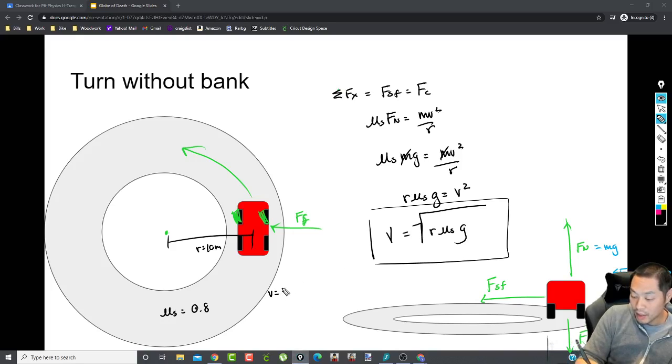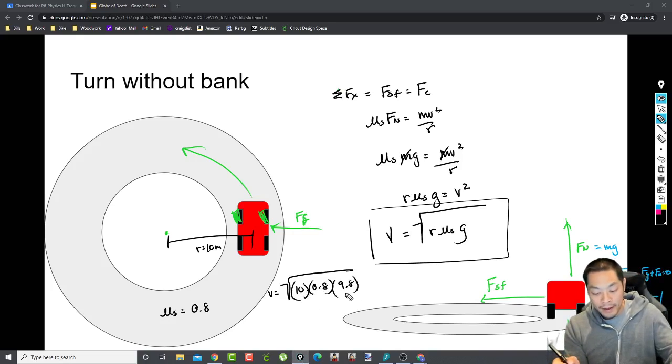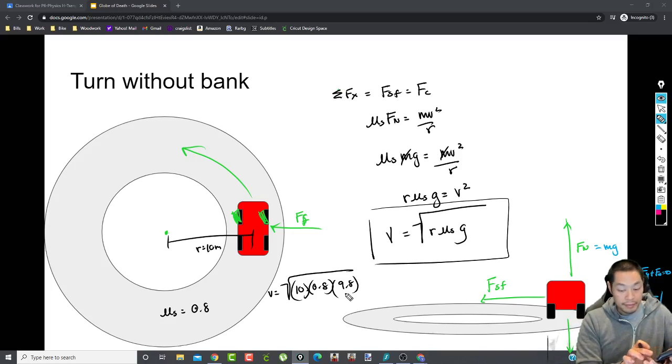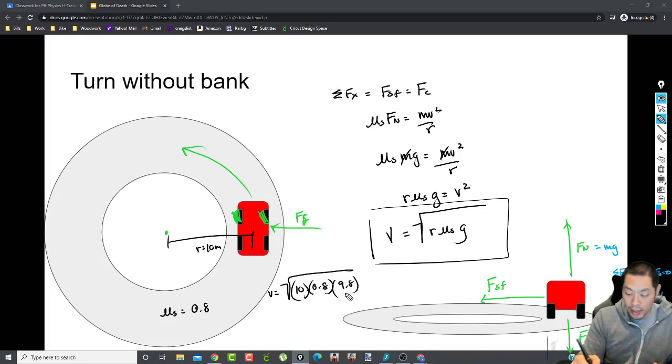So velocity is equal to the square root of radius, in this case 10, times mu s, which I said was 0.8, times gravity, which will be 9.8, because I don't want to use two tens. 10 times 0.8 times 9.8, and I get a velocity of 8.85.